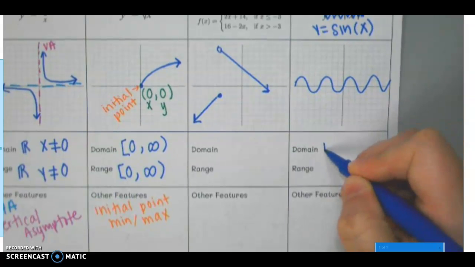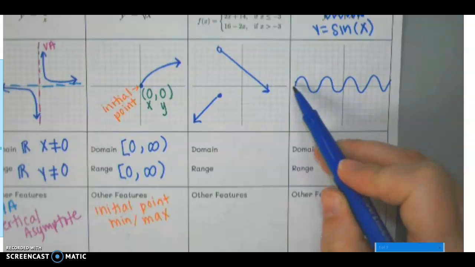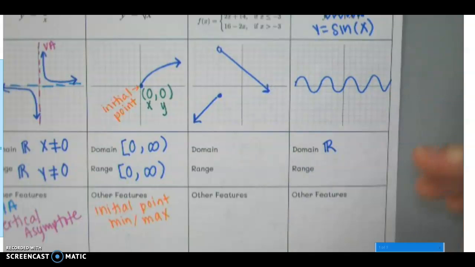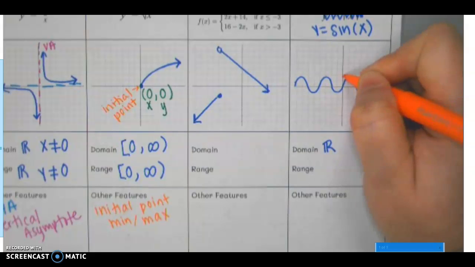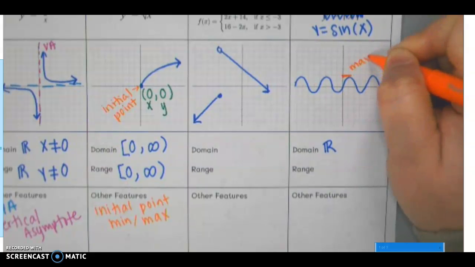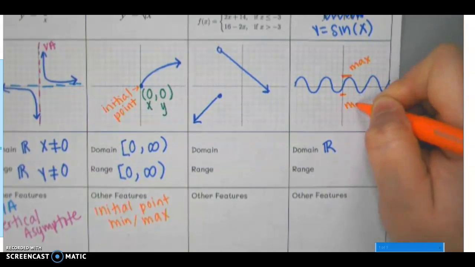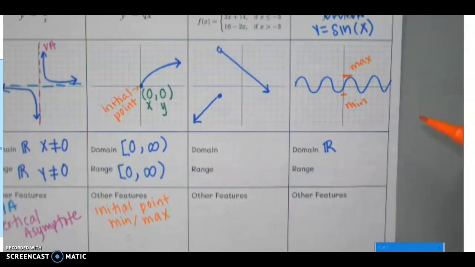So the domain is all real numbers because this will go to the left and the right forever and ever and ever. But the range, these arrows are not going to go up or down ever. We're just going to continue to make that wave pattern. So there is going to be a maximum and a minimum to the sine and the cosine graphs.